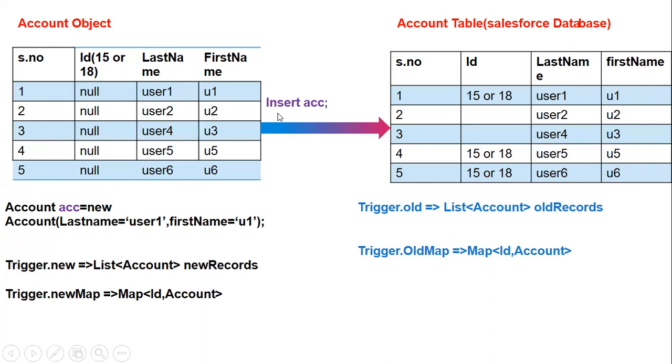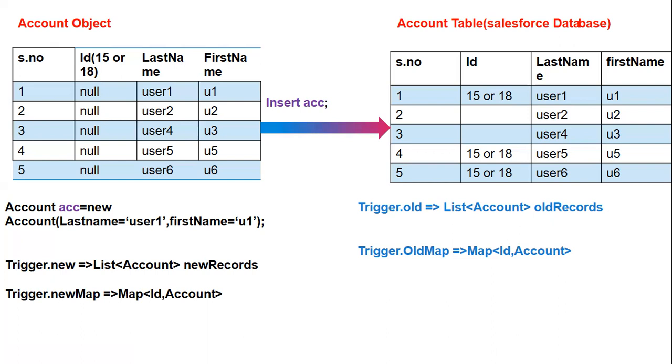Before using any DML operations, trigger.new and trigger.newMap are simply account records data without the creation of ID. If you use any DML operation like insertion, update or delete, Salesforce itself creates one ID for the particular record.